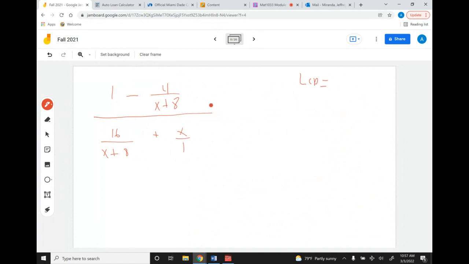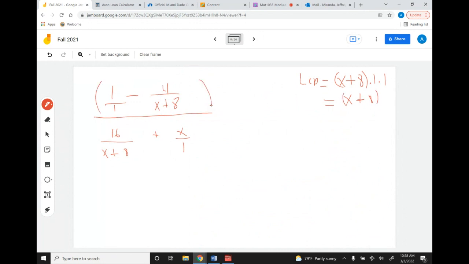Well, the LCD in this case is easy because there's only one of them. There's only a single term, x plus 8. The other denominators are just 1 and 1. So you're not going to write 1 times 1, which is 1. If you insist on doing that, go ahead. It doesn't matter. Okay. So this will be your LCD.